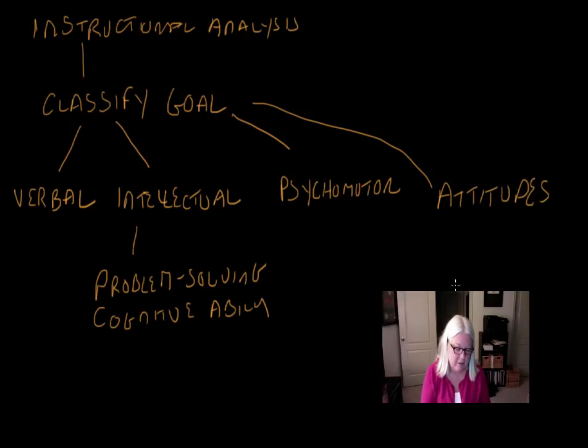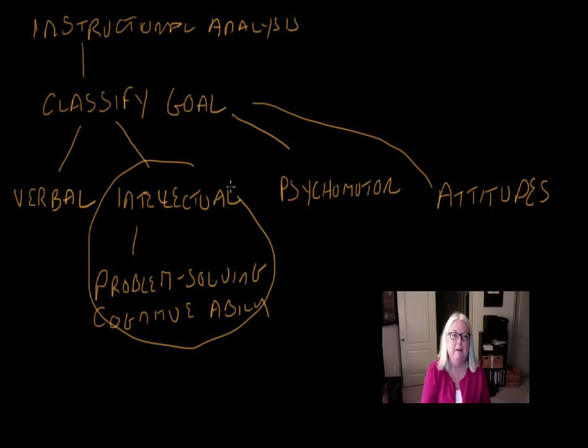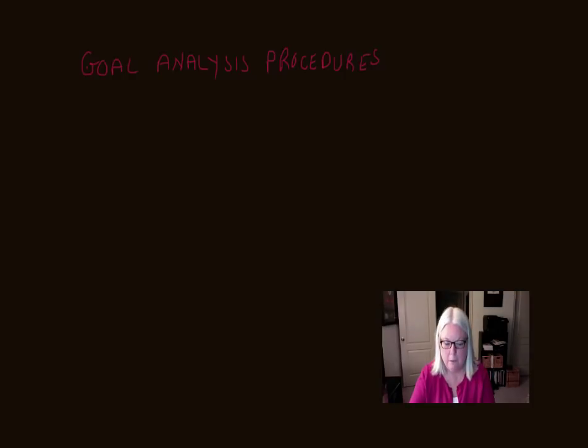Okay, so attitudes are things that we want learners to do or to not do, such as eating healthier or not smoking or having a certain attitude toward bullying. Okay, these would all be attitudes. For instructional designers, probably where most of ours fall are going to be right here in intellectual and problem solving. Okay, these are the most common ones.